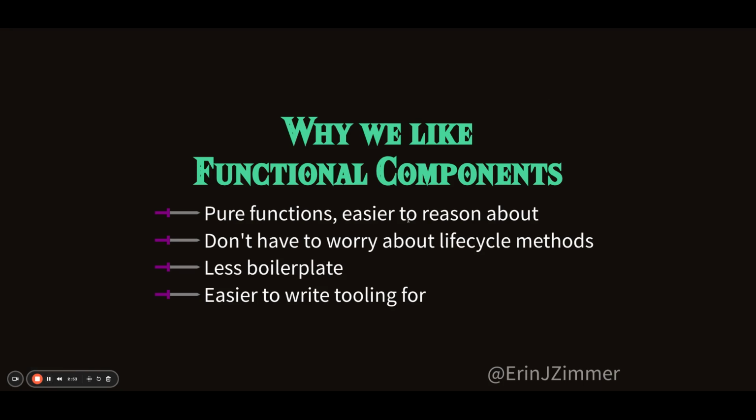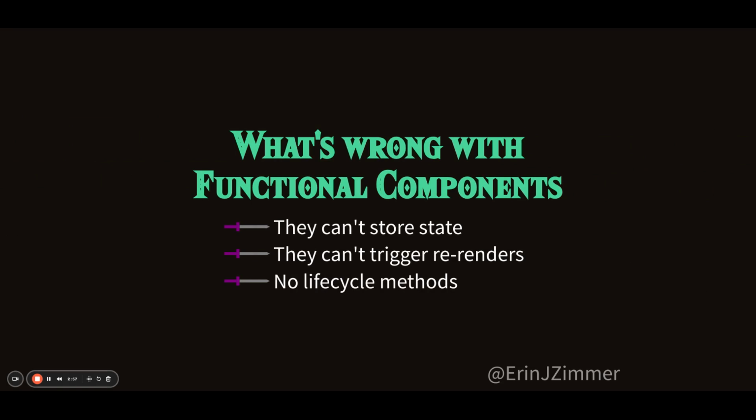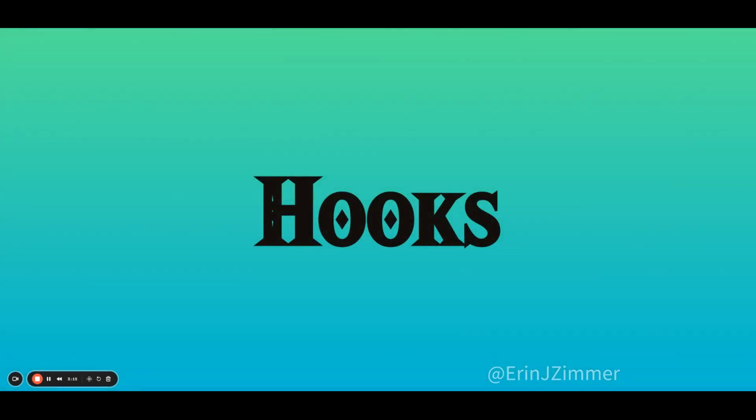However, functional components have some drawbacks. They can't store state, they can't trigger re-renders, and they don't have lifecycle methods. And I know I just said that not having lifecycle methods was a positive, but it turns out that sometimes you just really need some code that runs after the component has rendered, and you can't do that with a plain functional component. So instead, we use hooks.